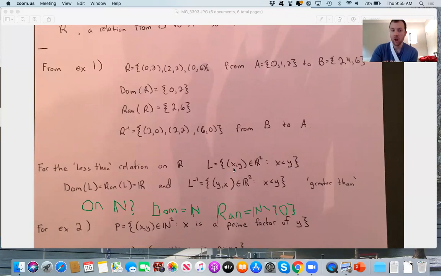So which numbers are able to be in a pair (x, y) where x is strictly less than y. In this case, there is no natural number that is less than 0. So if you're only looking at natural numbers, you can't find a pair that looks like (something, 0), because that would mean you have a natural number less than 0, and there just isn't one.